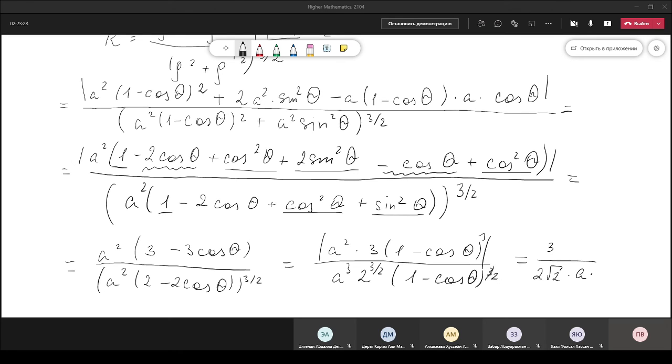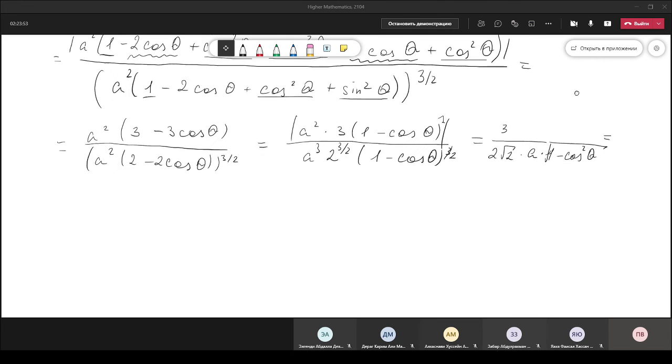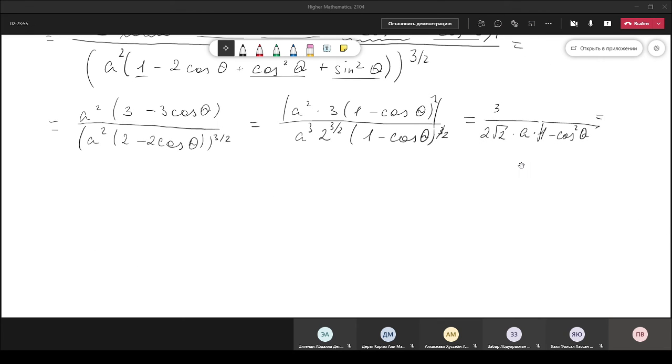Here degree 1. 3/2 minus 1 is degree 1/2 because here square root of 1 minus cosine of theta. Sorry. Not squared here. My mistake. Not squared.